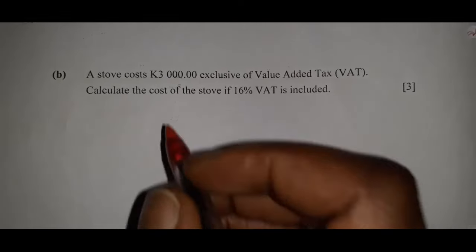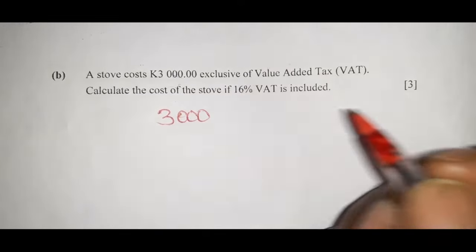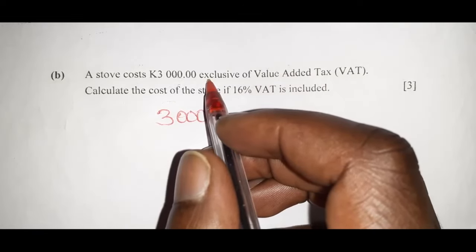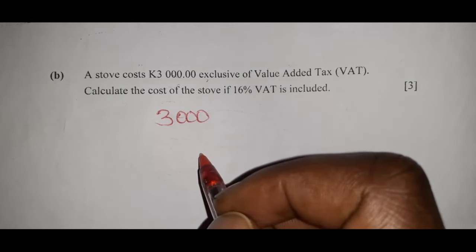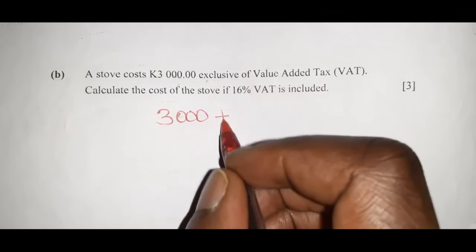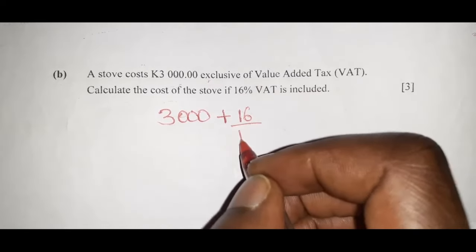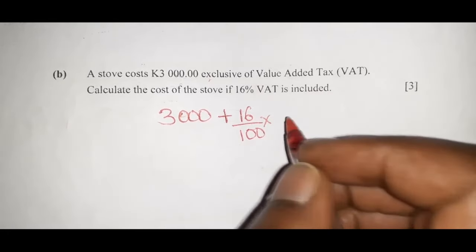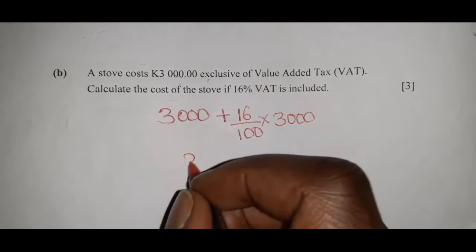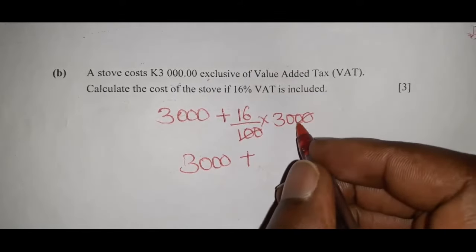So we are going to say this amount, the exclusive, does not have VAT, which is value added tax. So now we need to add tax to this one, and tax is 16%, which is 16 over 100. So this will be now 3,000 plus this.